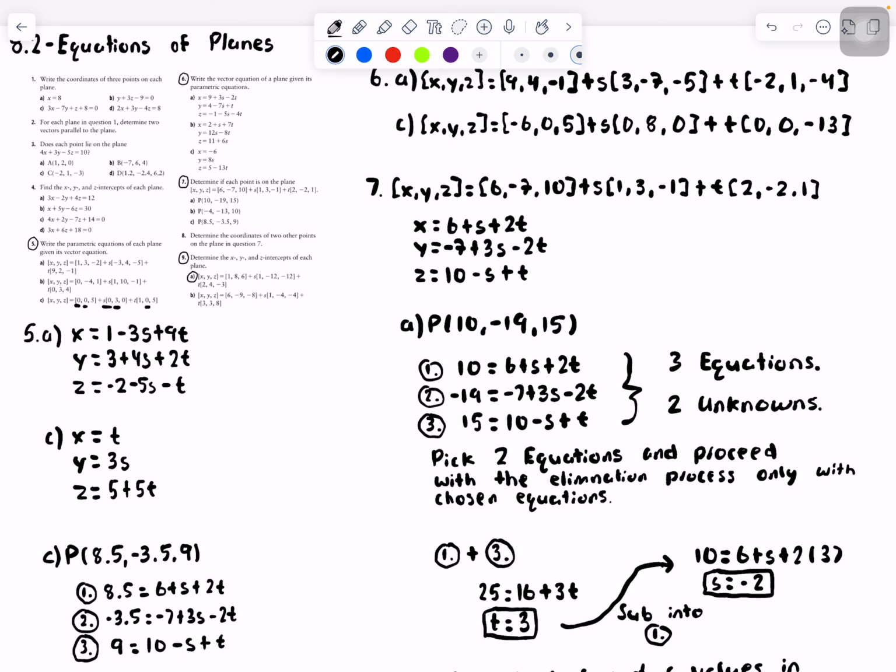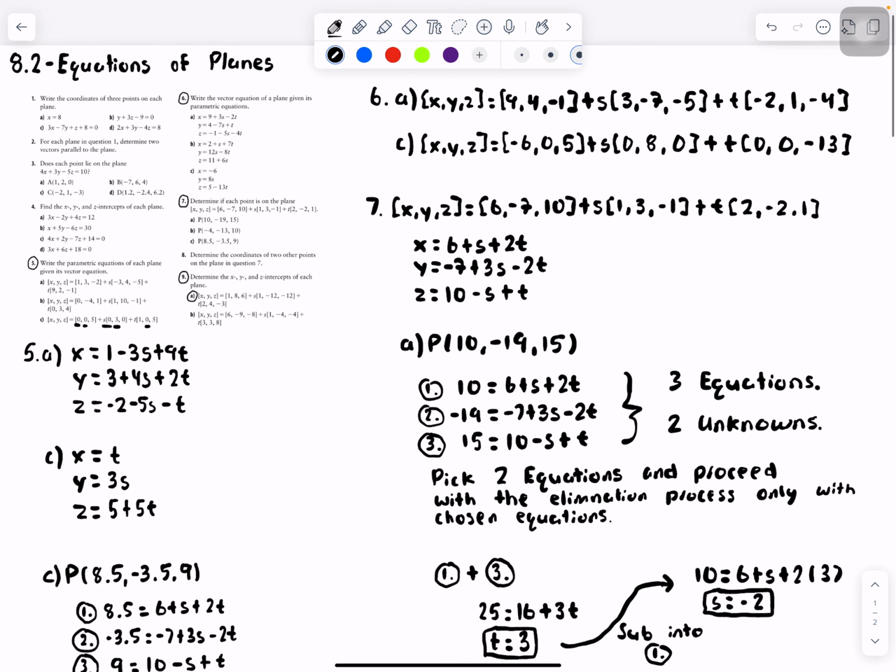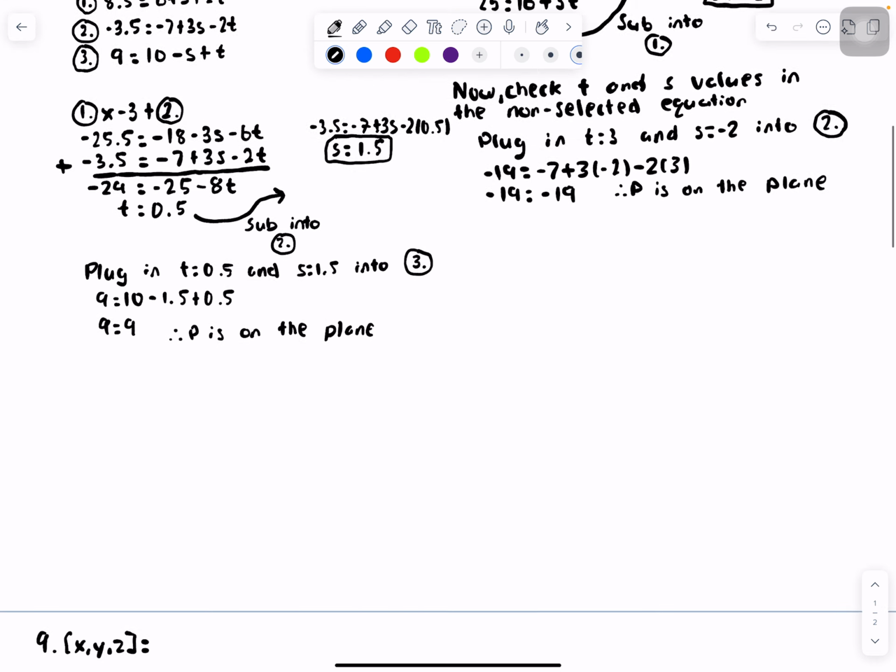Okay, so x, y, z. Actually, before I even begin, I'm going to find the parametric equations again. X, y, z, 6, negative 9, negative 8.